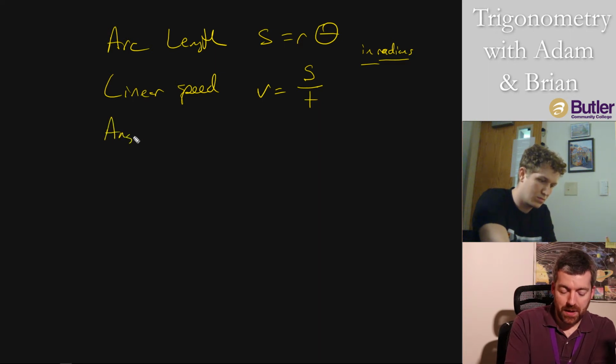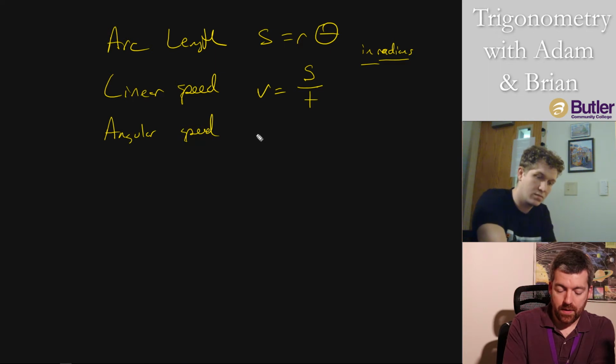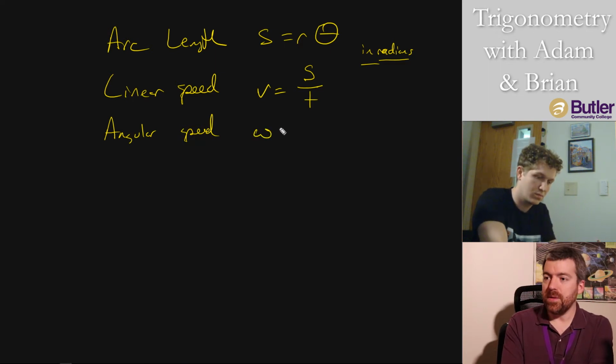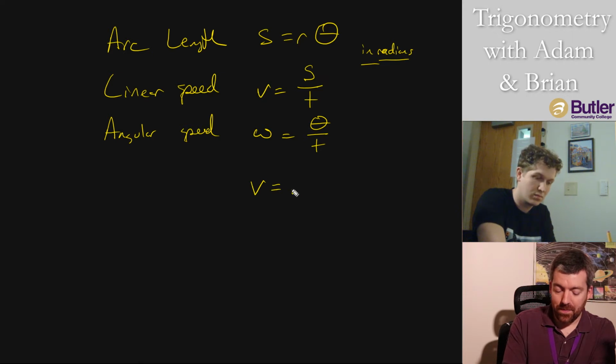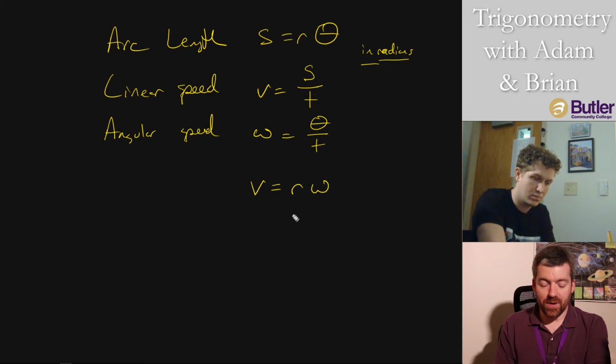We have the angular speed, the omega, theta per unit time. And then we have the equation that relates the two: the linear speed is R times omega.